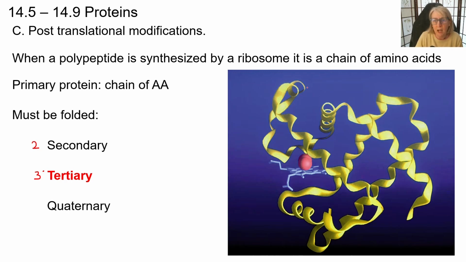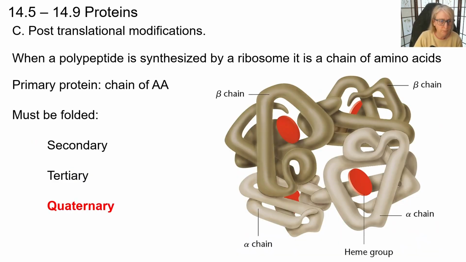Proteins function by having a space in them, an active site where they can interact with other molecules. We literally put them together more like Tinker Toys or like lock and key than just a chemical reaction. Having this three-dimensional shape gives them the shape that they need to do their function.